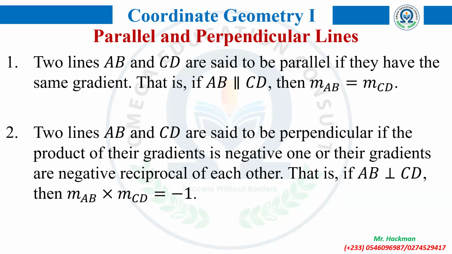Or we said they should be negative reciprocals of each other, and that comes from this statement. If you make MAB the subject, you are going to get M sub AB equal to -1 over M sub CD. Do you agree?